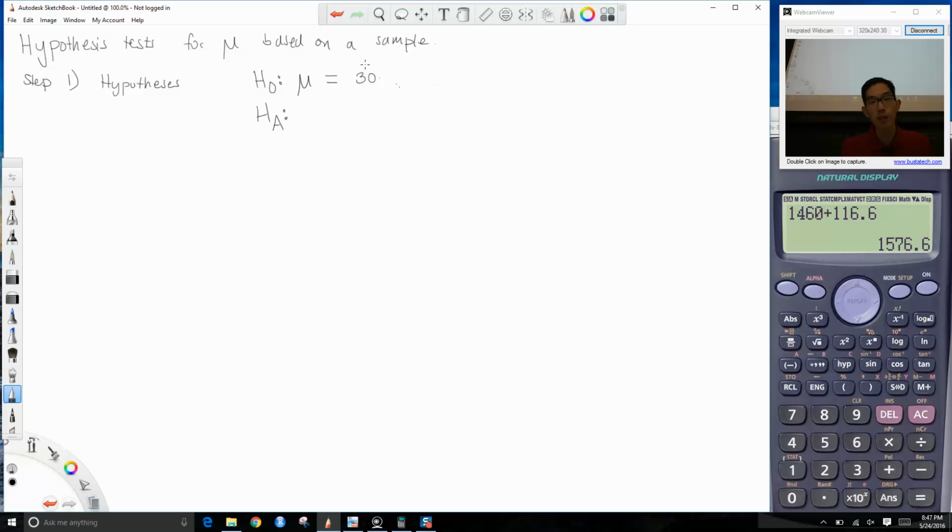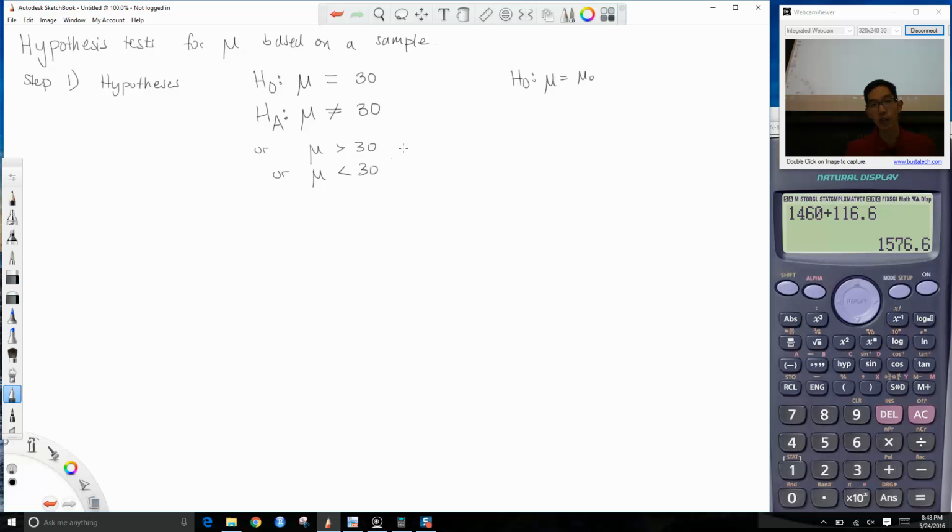But whatever number we have, symbolically it would be mu is equal to some number, and we would write mu 0. This often confuses students because it looks like we've got 2 symbols going on, but really it's just mu is equal to some number. And then the alternative is identical to the null hypothesis, except we replace the equal sign with something else. So we have mu is not equal to 30, or mu is greater than 30, or mu is less than 30.